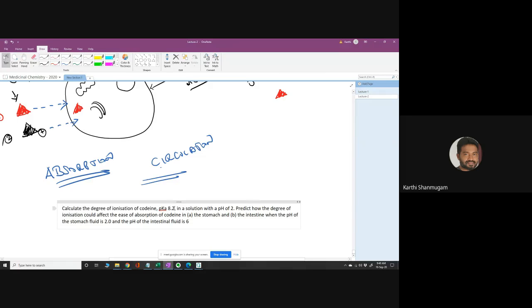Then using the given pH values 2.0 and 6, you have to calculate the degree of ionization, and tell me how that degree of ionization is going to affect the absorption of the codeine drug. Is the question clear? Yes, sir. So can you quickly do that?